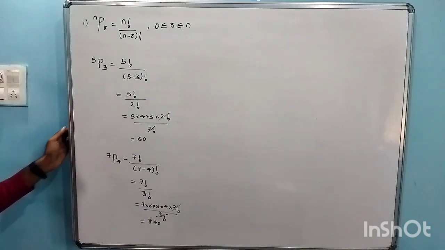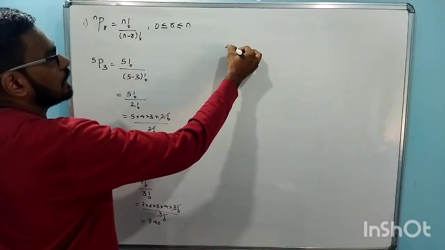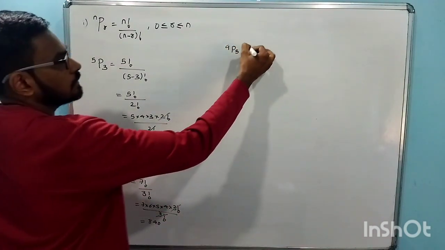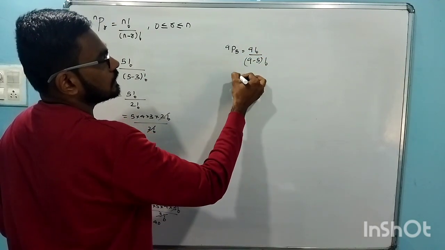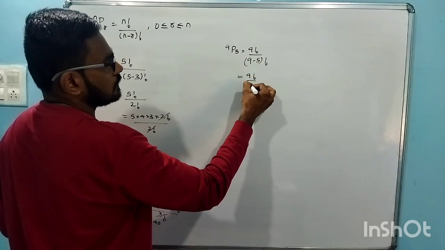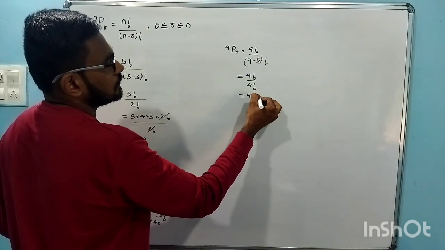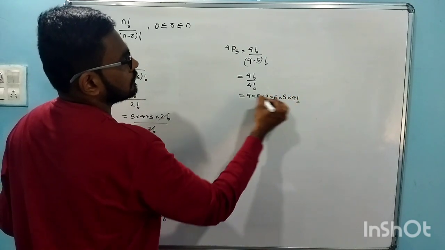Okay, next, 9P5 is equal to 9 factorial upon 9 minus 5 factorial, which is 9 factorial upon 4 factorial, which is 9 into 8 into 7 into 6 into 5 into 4 factorial upon 4 factorial.